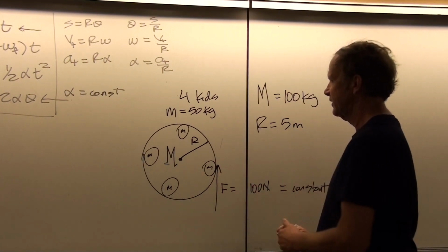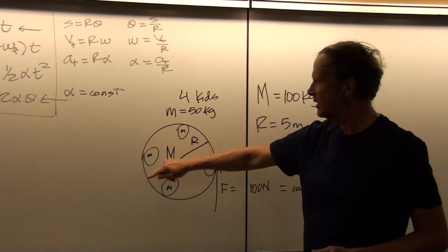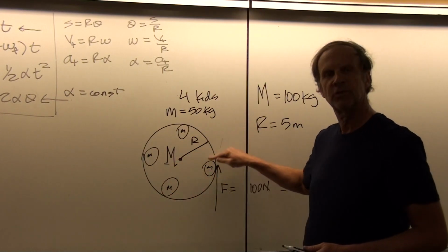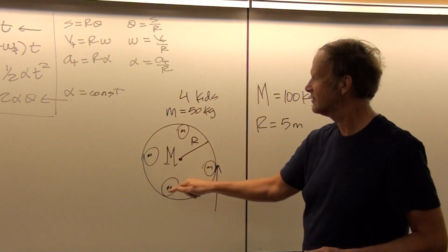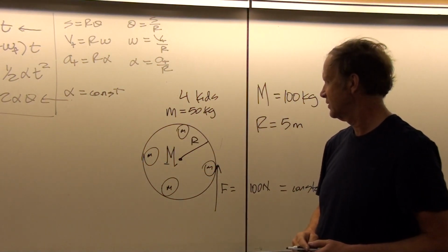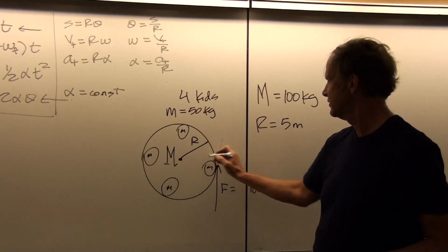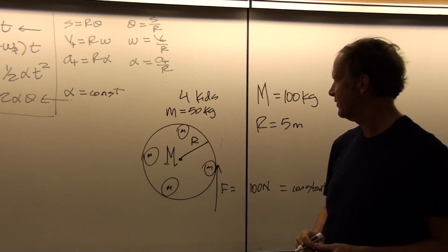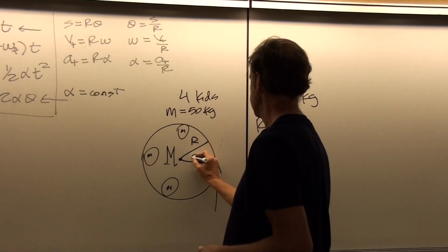So this adult is such a nice guy, he will keep running around and pushing with the same amount of force in order to give the kids a nice smooth ride and a smooth acceleration. So we'll keep this constant, 100 newtons, acting through that radius vector of 5 meters.